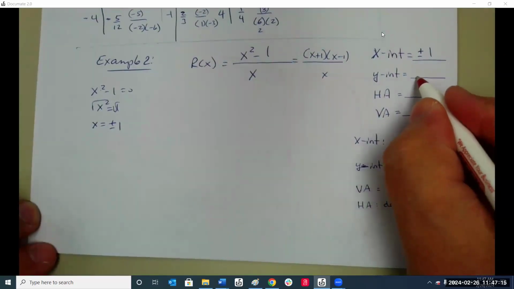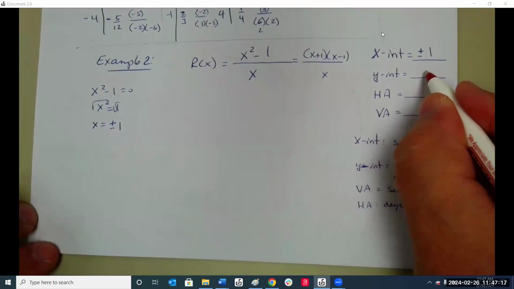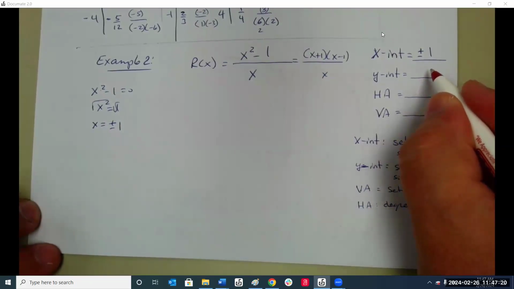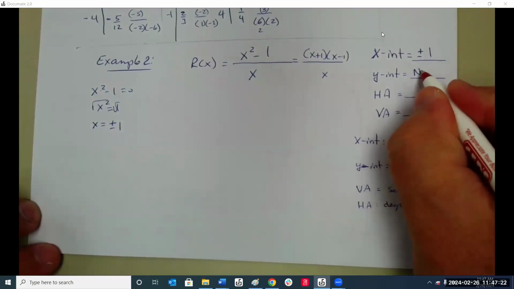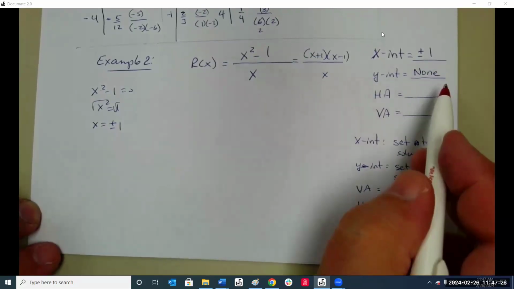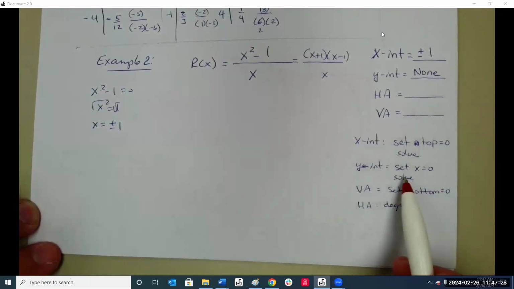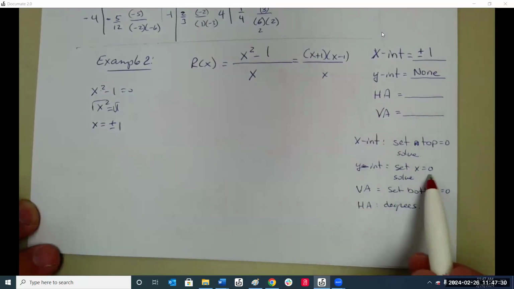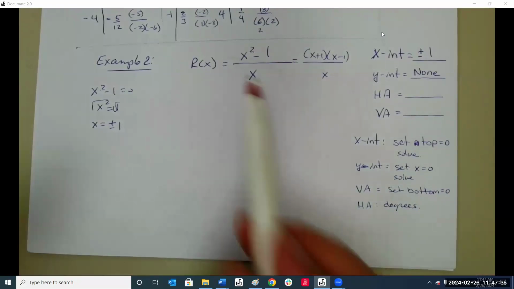The y-intercept. Do we have a y-intercept? No. Why is there no y-intercept? Goes to 0. Very good.